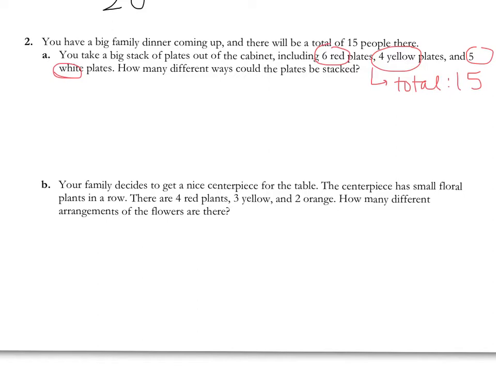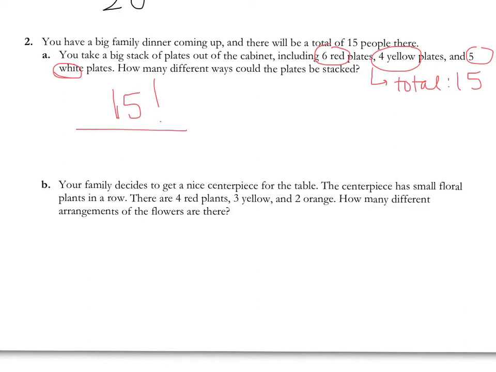So this is one of those situations where they're being stacked on top of each other. So that's like being stacked up in a line, or it's not really a row because it's a vertical row, but some kind of linear arrangement. So we know that when we're talking about a linear arrangement, we start out with 15 factorial.